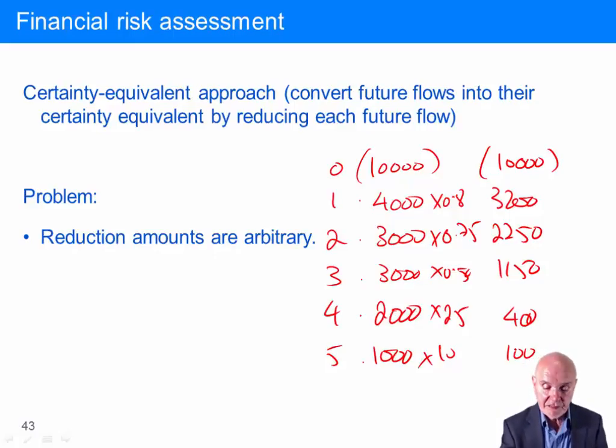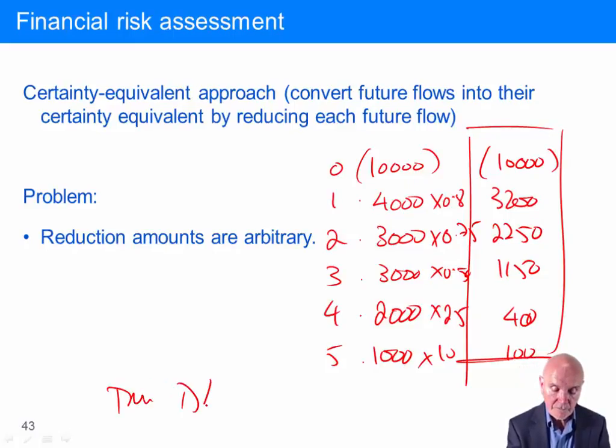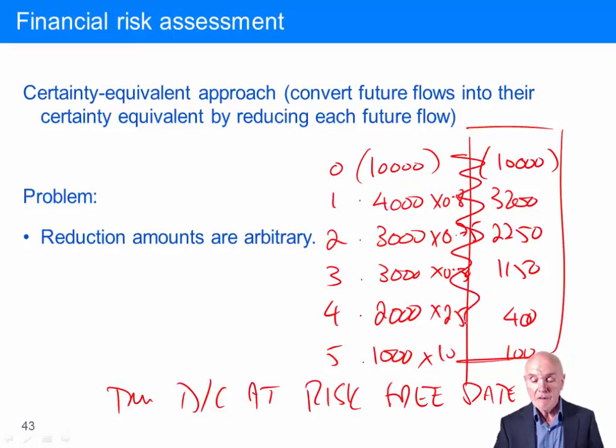So all of these figures have been reduced to what's called a certainty equivalent. And then what you do is you discount at what's called the risk-free rate. In other words, what we've done is we've taken the risk into account in this step here. These are certain figures as far as we know, and we discount at what's called the risk-free rate.